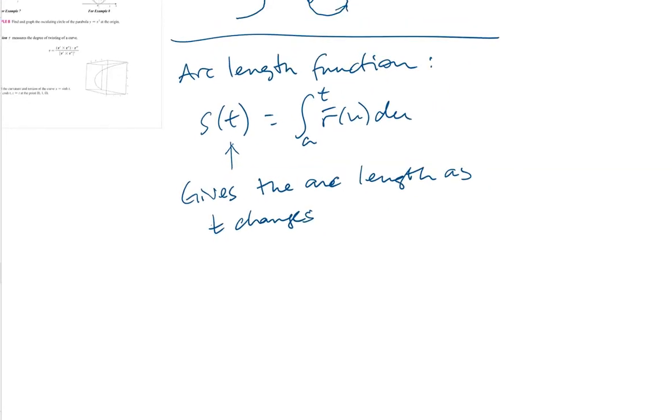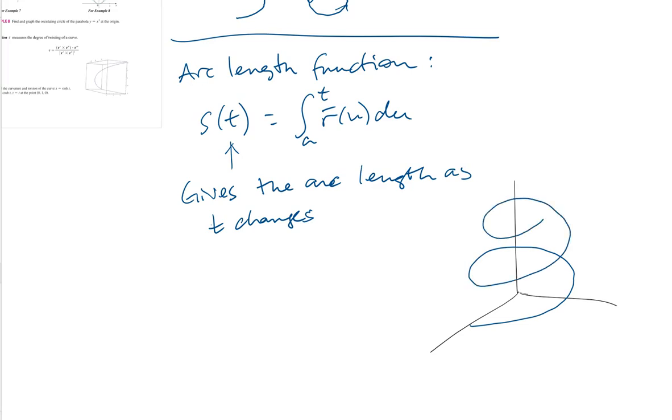Well, if you take your helix example again, we're going to draw the helix up. So what this gives here, s of t, is going to tell you the arc length as we go from one point to another. So if this is a and this is t, then s of t will give this length here. That'll give that length there.